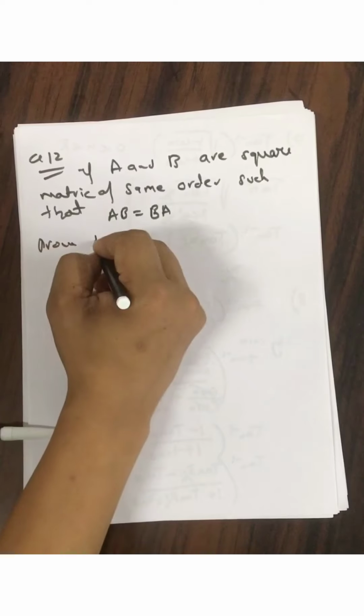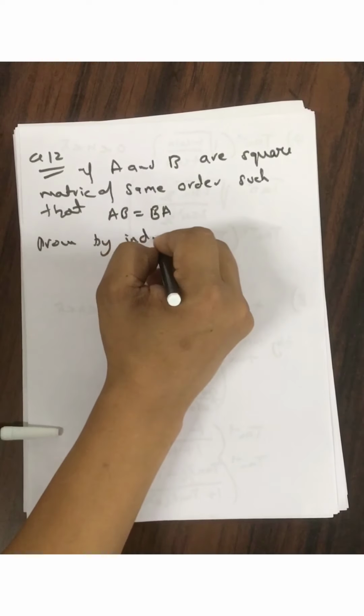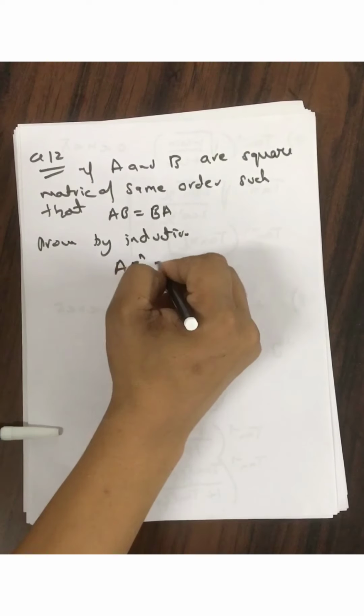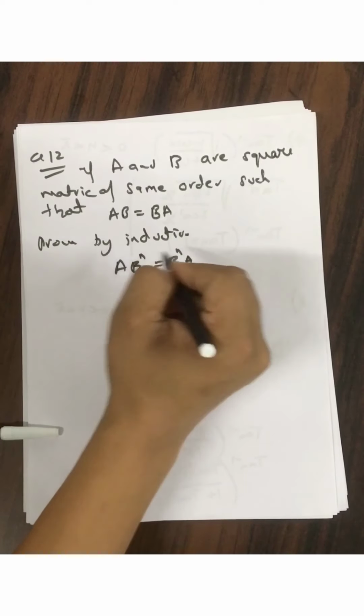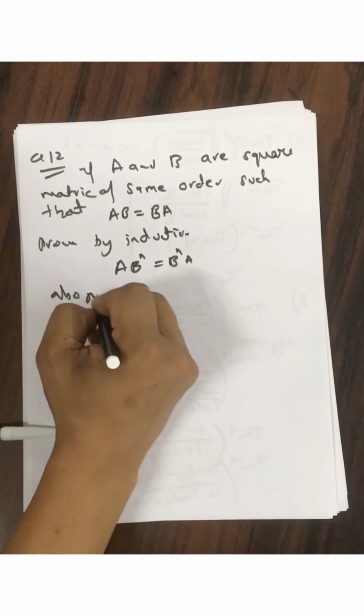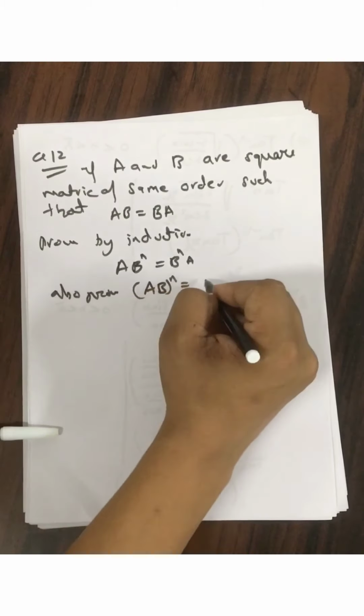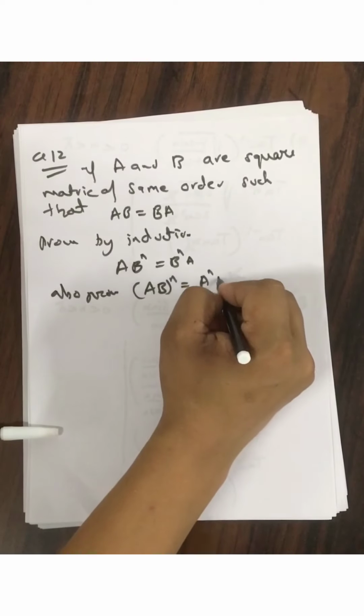Now prove by induction (AB) to the power n equals to B to the power n A. Also prove (AB) to the power n equals to A to the power n and B to the power n.